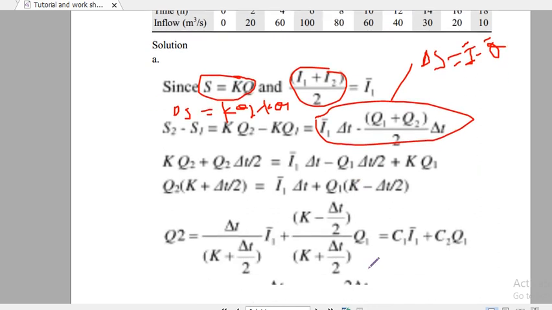Q2 is equal to what? Q2 is equal to change in T over K plus change in T over 2, times I bar, plus this value.